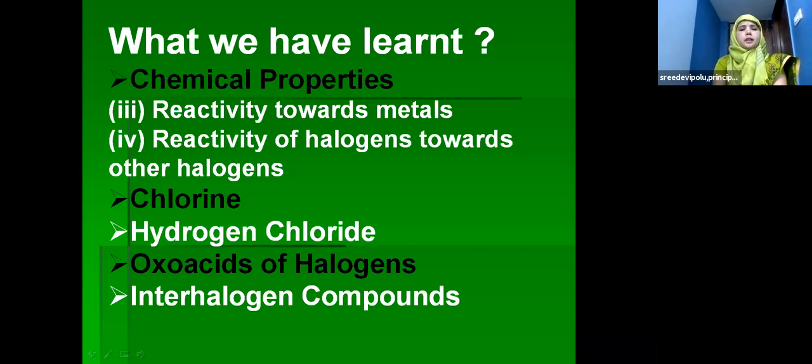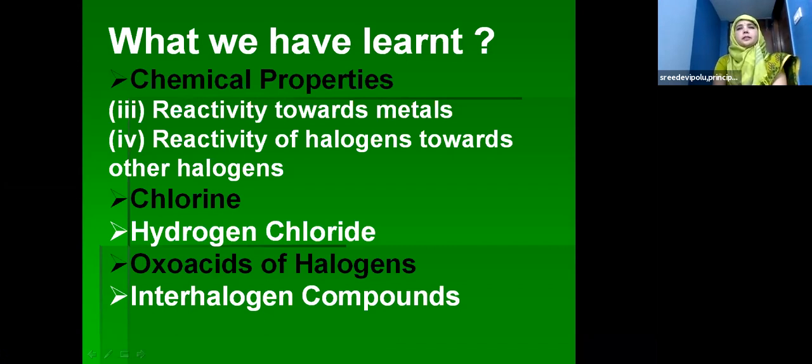And here I have to mention one thing regarding the oxoacids of halogens. The oxoacids of chlorine are very important: hypochlorous acid, chlorous acid, chloric acid, and perchloric acid. You should remember that perchloric acid is the strongest acid among all the mineral acids. So what are mineral acids? HCl, HNO3, H2SO4. These are all the mineral acids, isn't it?